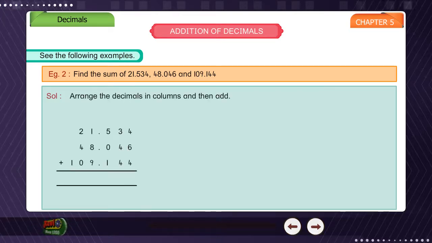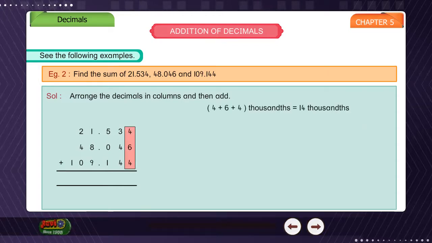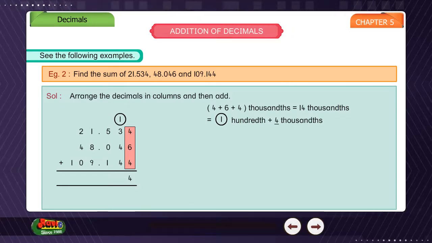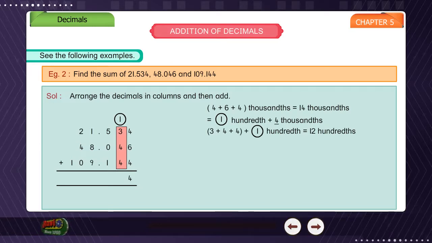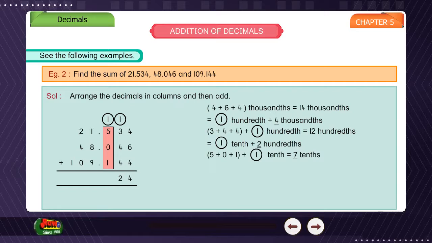Arrange the decimals in columns and then add. 4 plus 6 plus 4 thousandths is equal to 14 thousandths is equal to 1 hundredth plus 4 thousandths. 3 plus 4 plus 4 plus 1 hundredth is equal to 12 hundredths is equal to 1 tenth plus 2 hundredths. 5 plus 0 plus 1 plus 1 tenth is equal to 7 tenths.